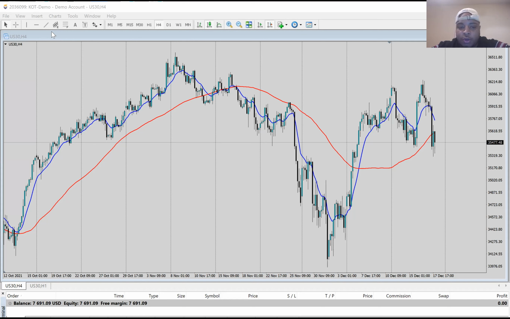And talk about some entry points, which is the 50 to 61.1 area. If the market does not pull back to our areas, we are not taking a trade. Remember that. Also discuss some of the TP areas, which is back to the 0, or it's going to be back to the negative 27 extension.